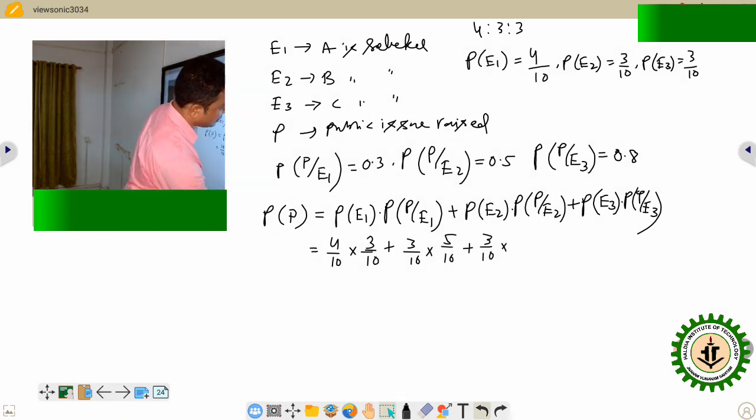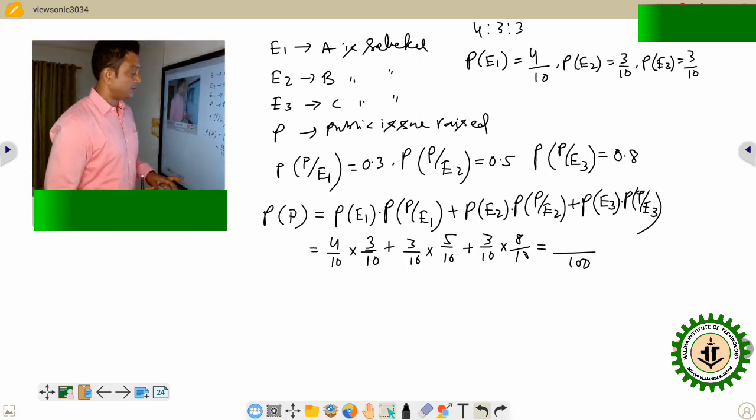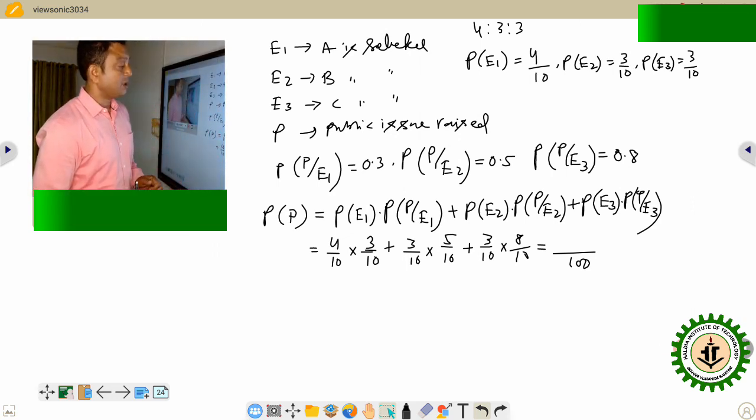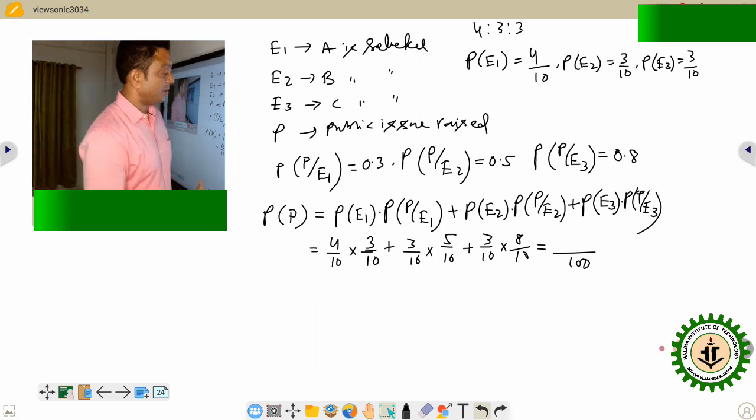Let me take fractions, so the calculation will be easy. So in total it is 100. So 12 plus 15, 27 plus 24 is equal to 51. So this is the total probability.